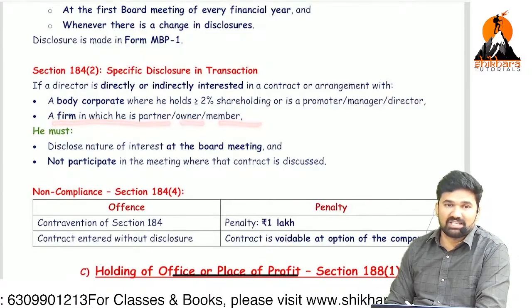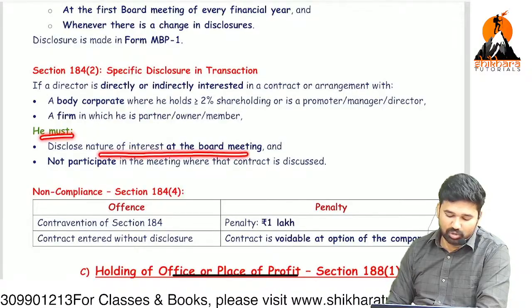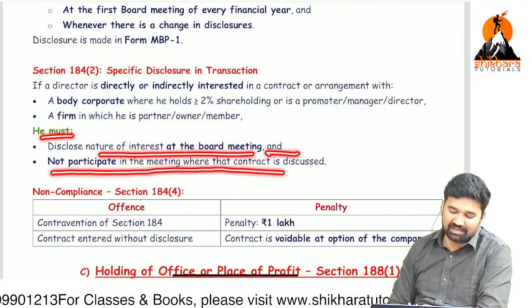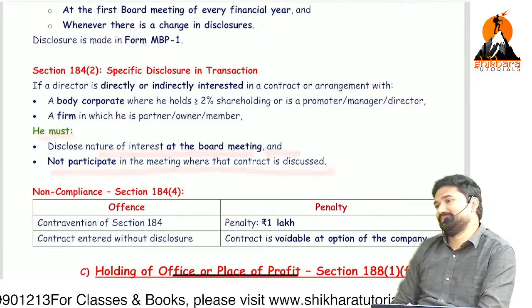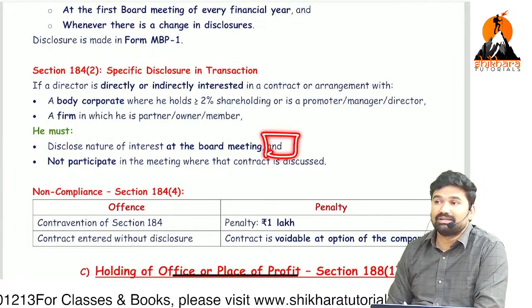In these cases, what you have to do? You must disclose the nature of interest at the board meeting and not participate in the meeting where that contract is discussed. The connecting word is 'and'.